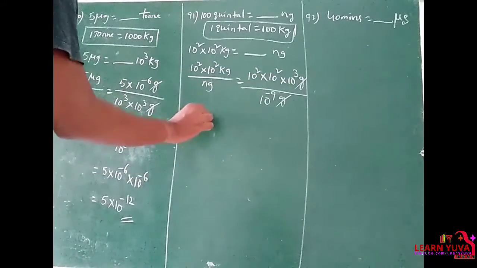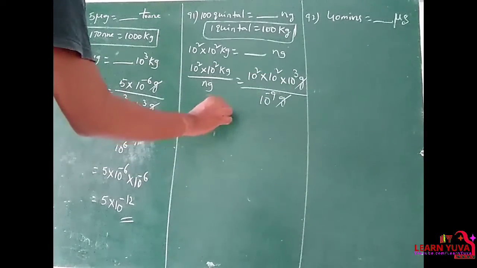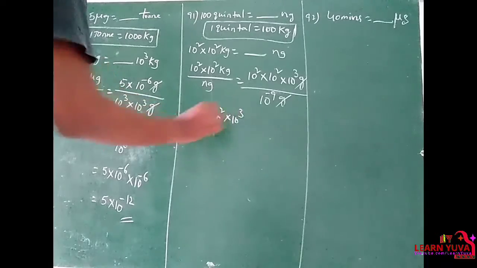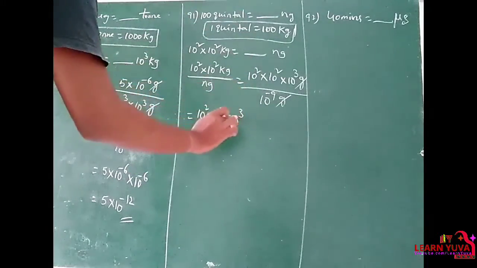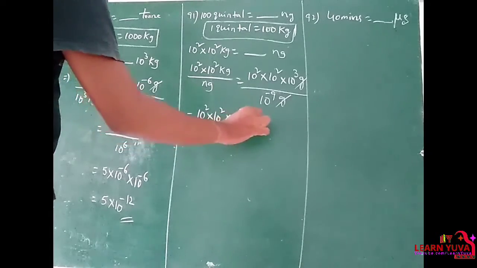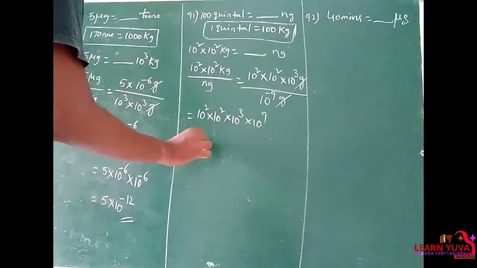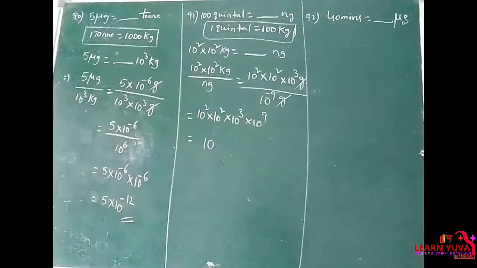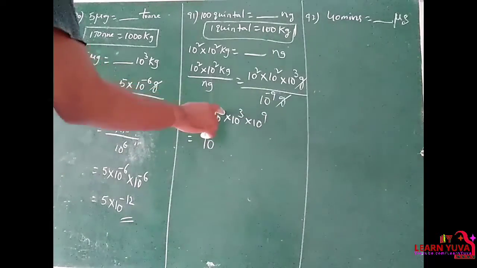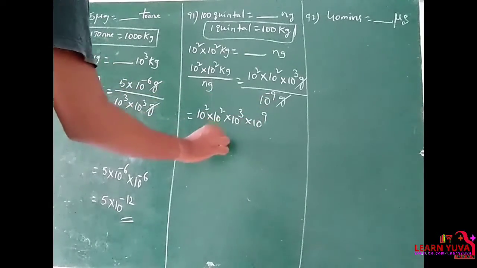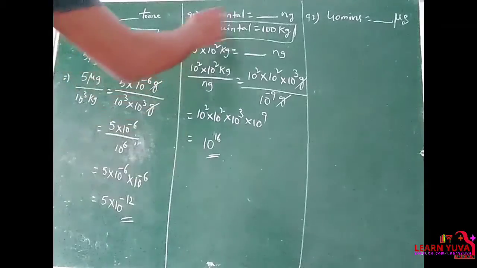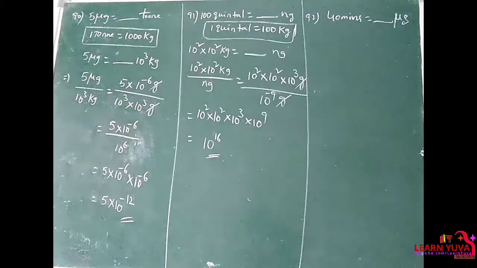So that is equal to 10 square into 10 square into 10 power 3. Here 10 power minus 9, if it comes to the numerator, it becomes 10 power plus 9, so into 10 power 9. Now, when the bases are same, powers should be added. So 10 power 2 plus 2, 4, 4 plus 3, 7, 7 plus 9, 16. So 100 quintals is equal to 10 power 16 nanograms.